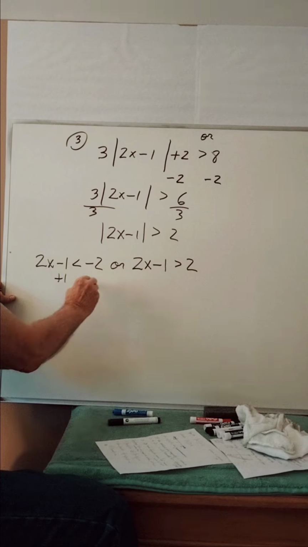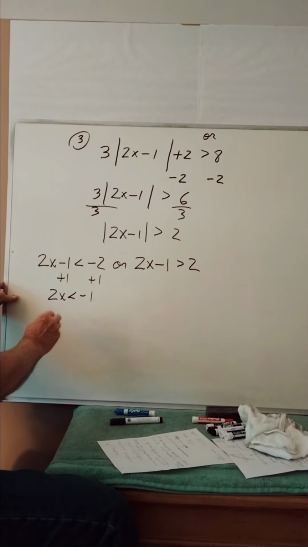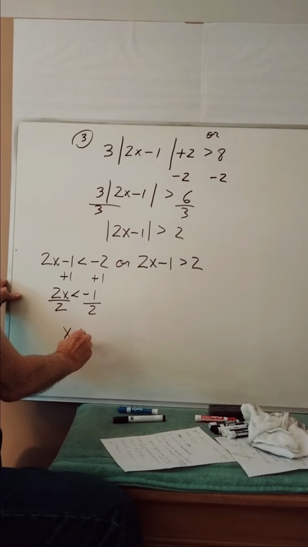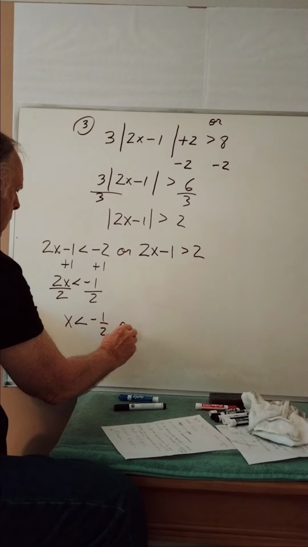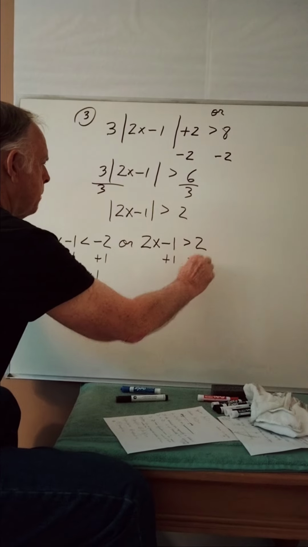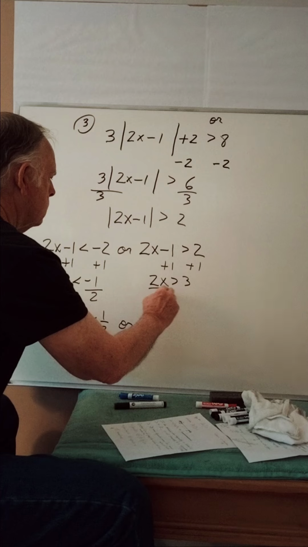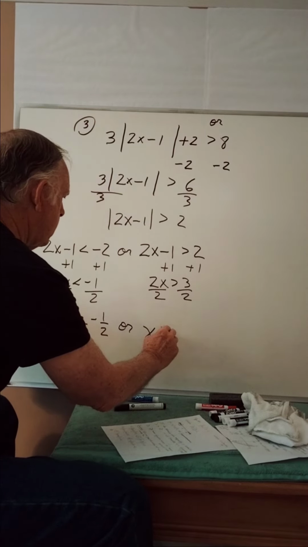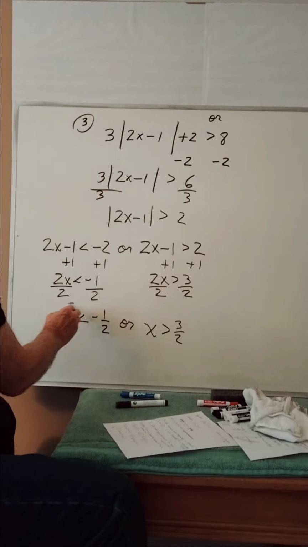Positive 1, positive 1. 2x is less than negative 1. Over 2, over 2. X is less than a negative 1/2. Or, here, positive 1, positive 1. 2x is greater than 3. Over 2, over 2. Or x is greater than 3 over 2.